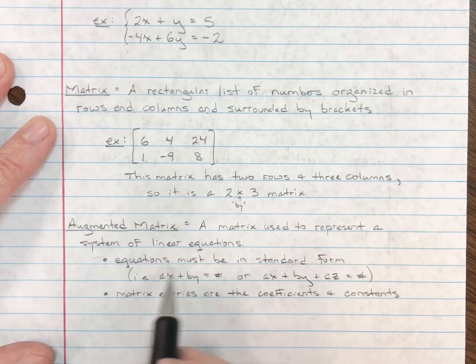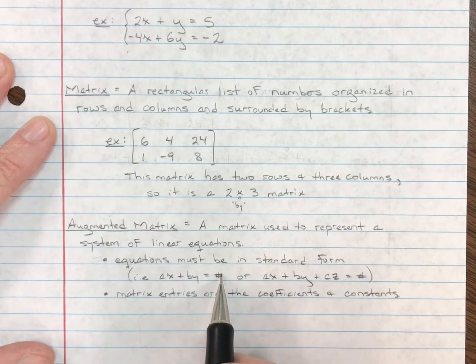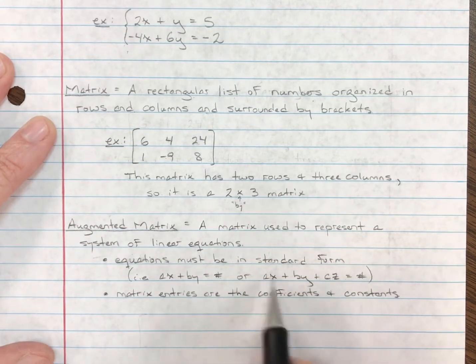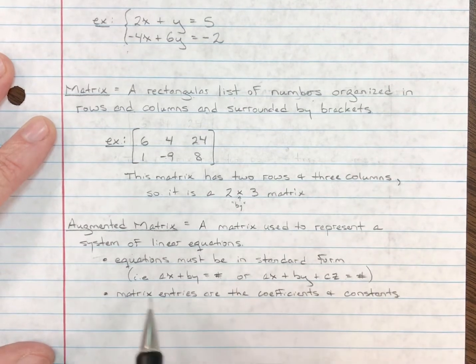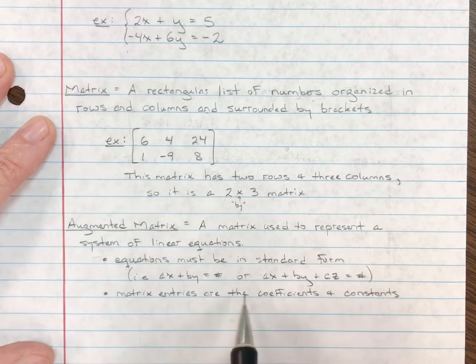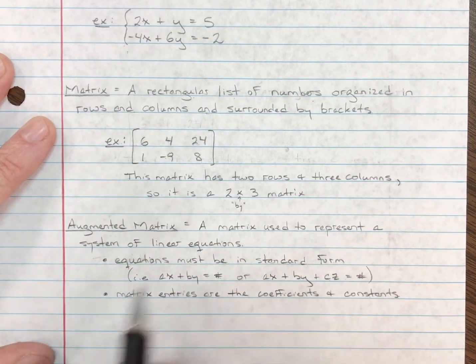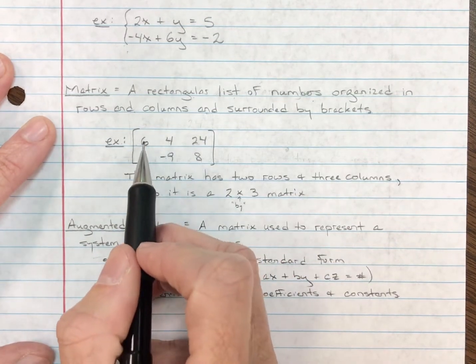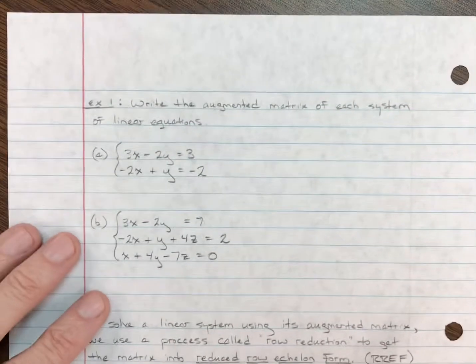In other words, variables on the left, constant on the right. In this case, I have 3 variable terms on the left, the constant on the right. The matrix entries in the augmented matrix are the coefficients and the constants. Let's take a look at a couple examples, actually.